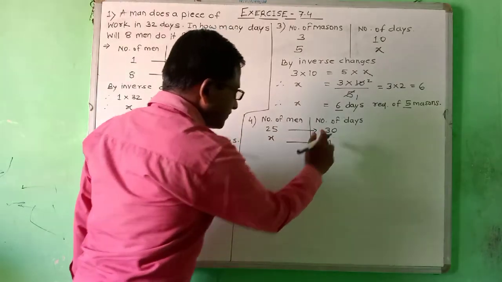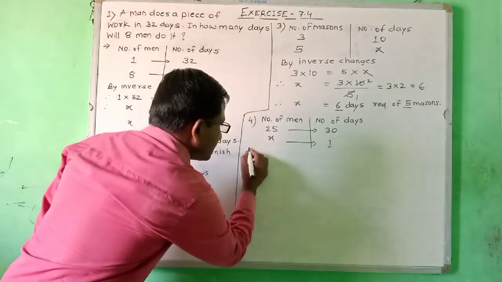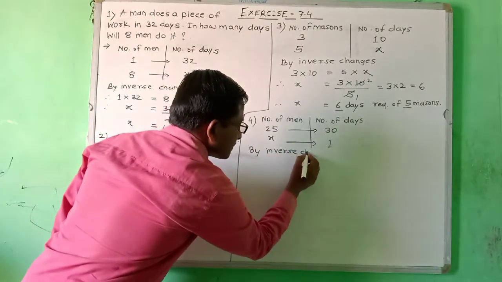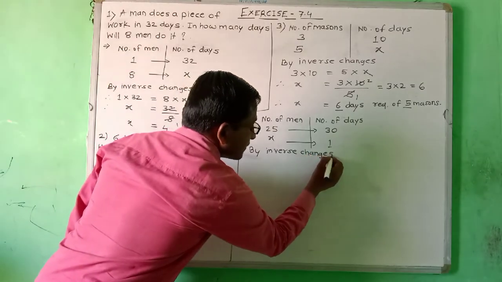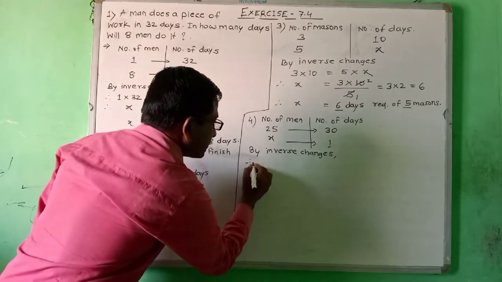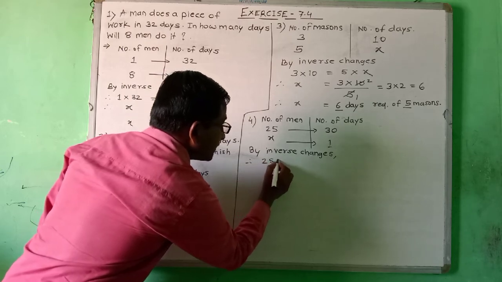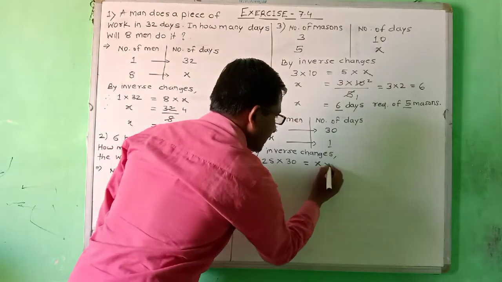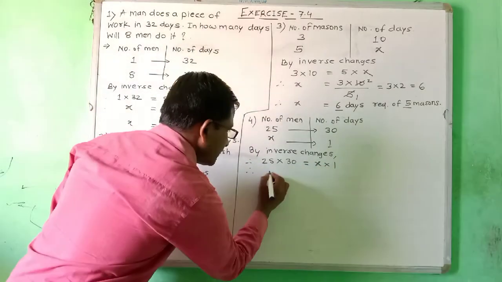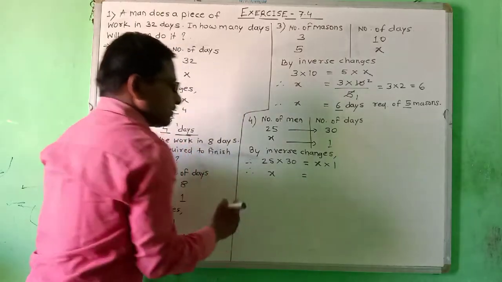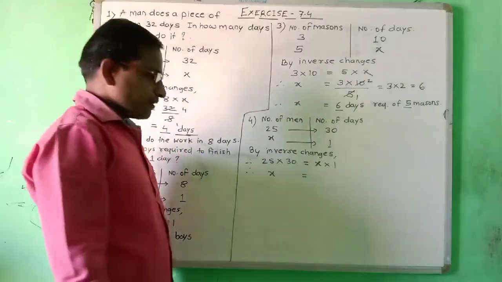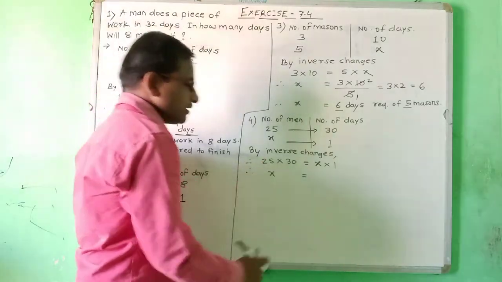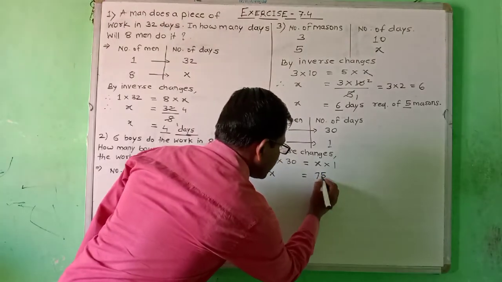Here 25 multiplied by 30, by inverse changes, therefore 25 multiplied by 30 is equal to x multiplied by 1. So therefore x is equal to 25 threes are 75. 25 on the 25, 25 twos are 50, 25 threes are 75, and 0 as it is.